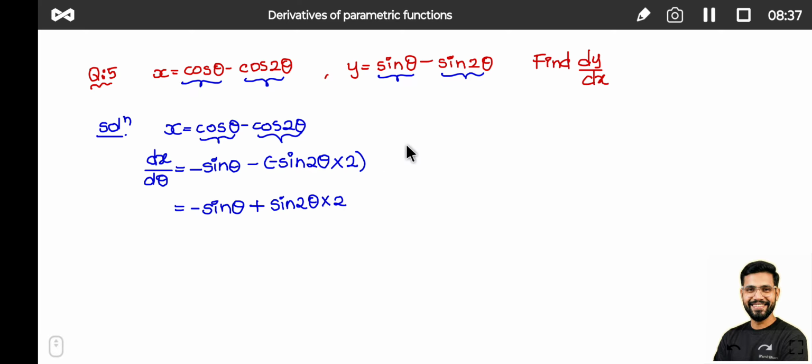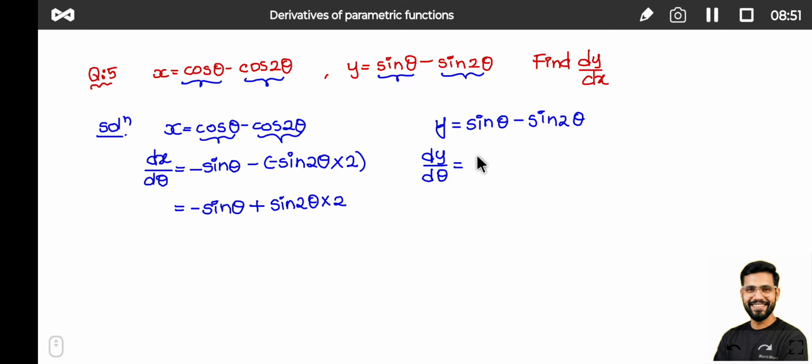Similarly, we can do the derivative of y. y is equal to sin theta minus sin 2 theta. So take the derivative with respect to theta. dy by d theta is the derivative of sin theta, which is cos theta, minus the derivative of sin 2 theta, which is cos 2 theta, multiplied by the derivative of 2 theta, which is 2.